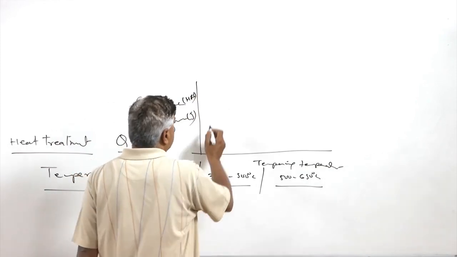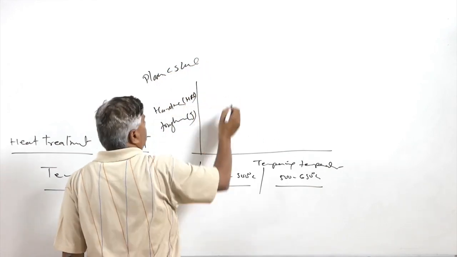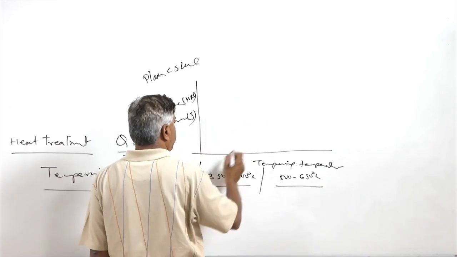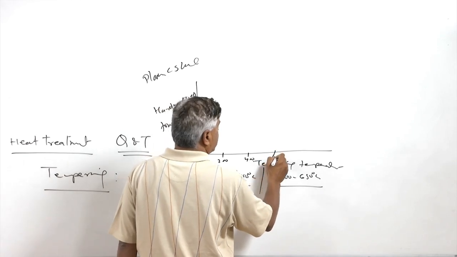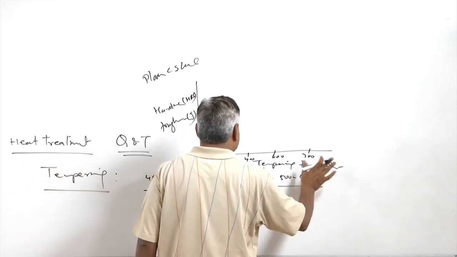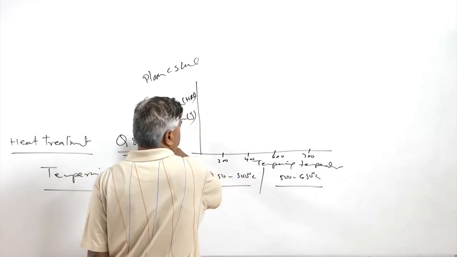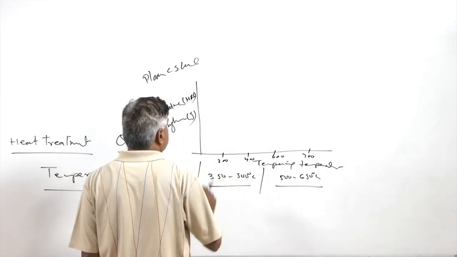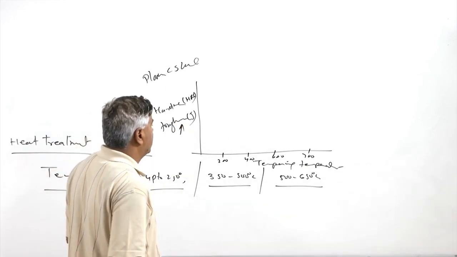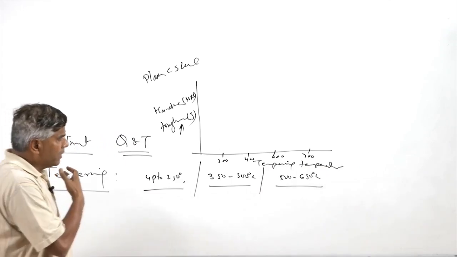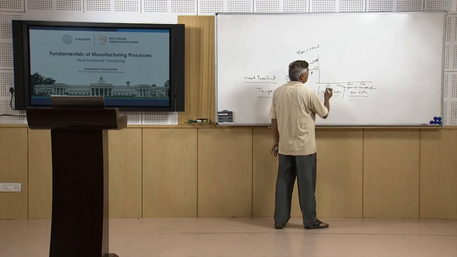So in general, for simple plain carbon steels, with the temperature scale, like say 200, 400, 600, 700, on the x-axis and the property variation on the y-axis in terms of the hardness and the toughness, we see what kind of changes in the hardness and toughness take place with the increase of the tempering temperature.